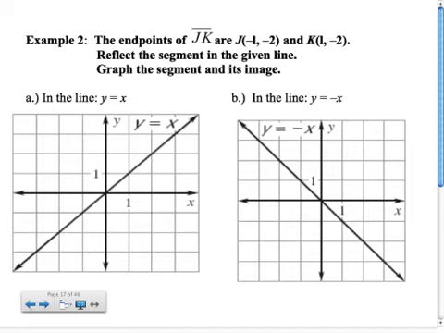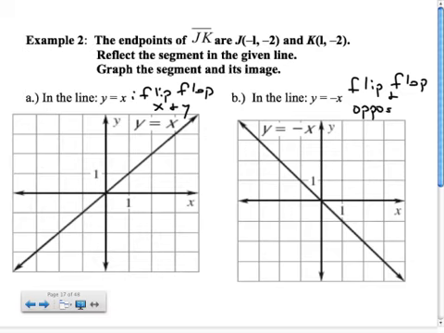The coordinate rule for reflecting over the line y = x is very simply, you take your x and your y-coordinate and you flip-flop them. So for y = x, flip-flop x and y. And for the line y = -x, you flip-flop them, and then if it's negative, you make it positive. If it's positive, you make it negative.